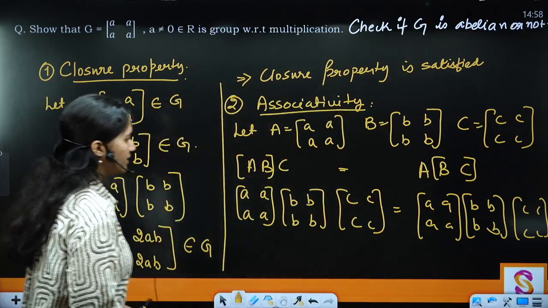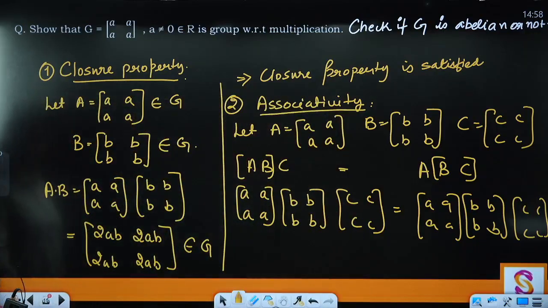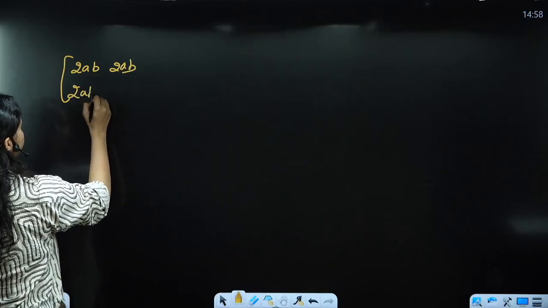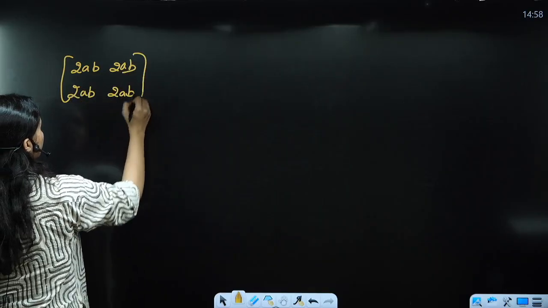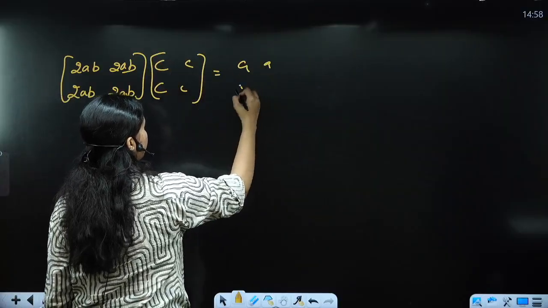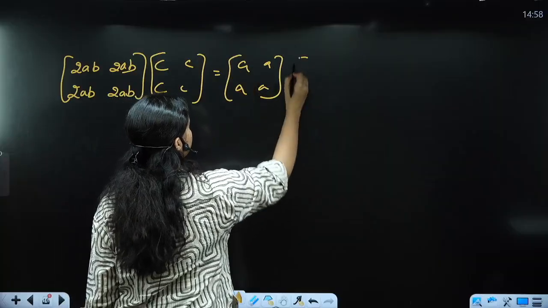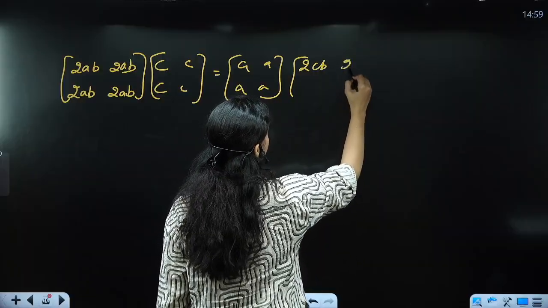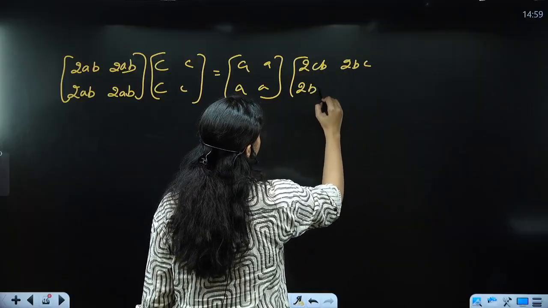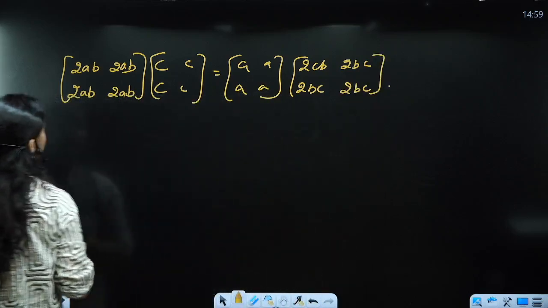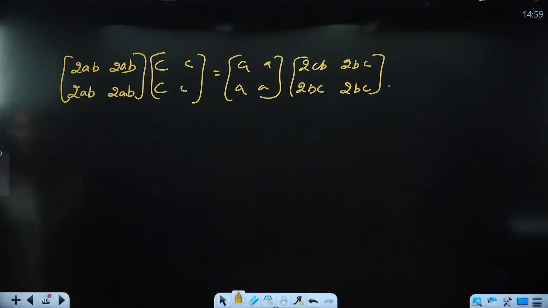So on the left hand side, you are going to get the first matrix as 2ab in every entry, and C, right? And here you are going to get a, and then 2bc. Here you are going to get 2abc plus 2abc, right?